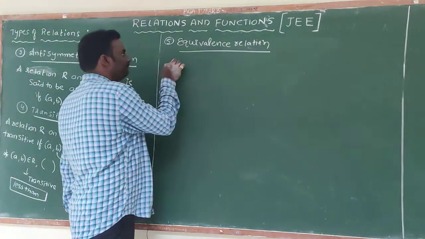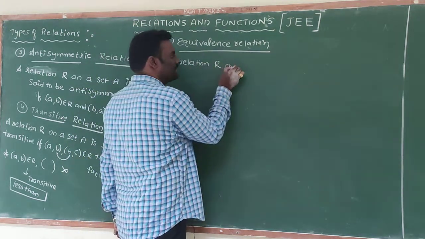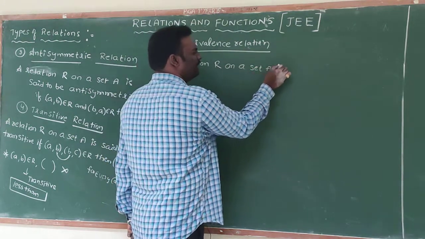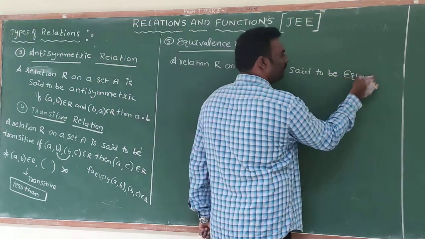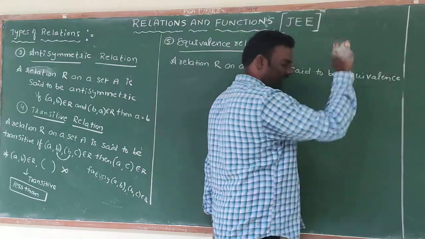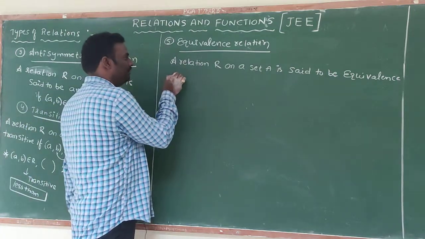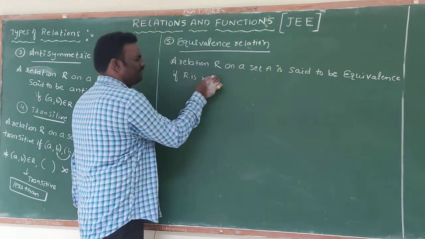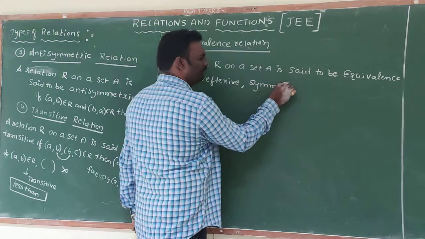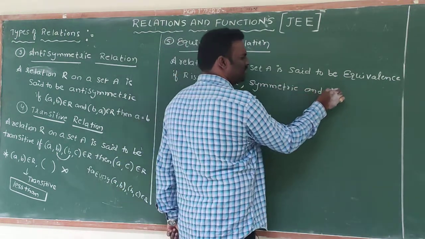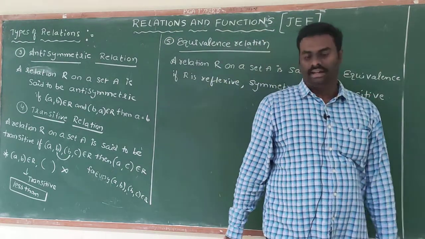A relation capital R on a set capital A is said to be equivalence if R is reflexive, symmetric and transitive.